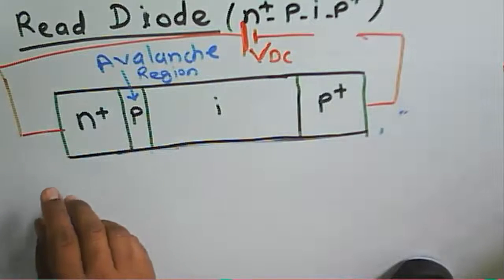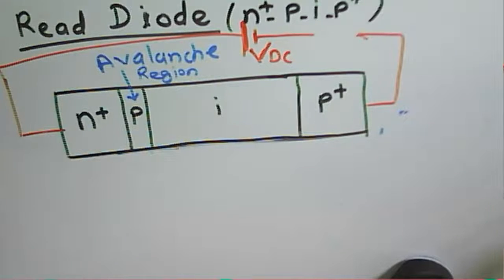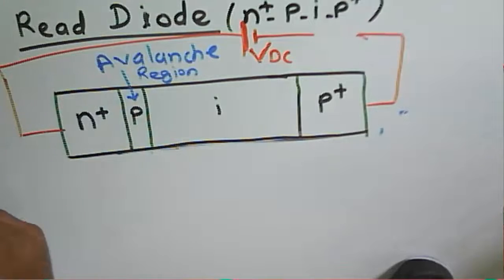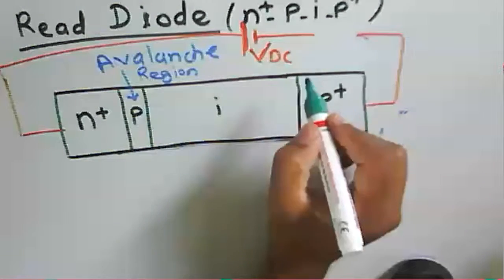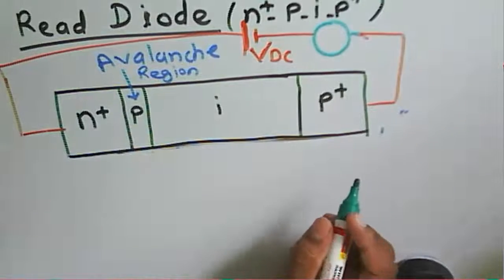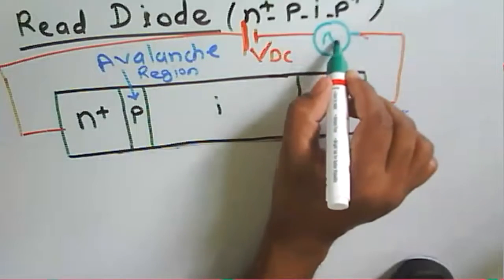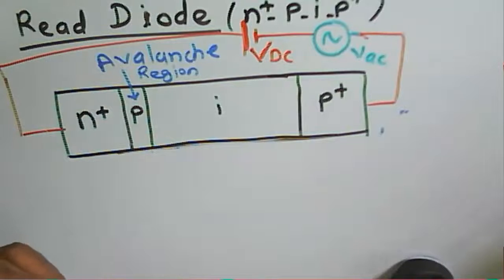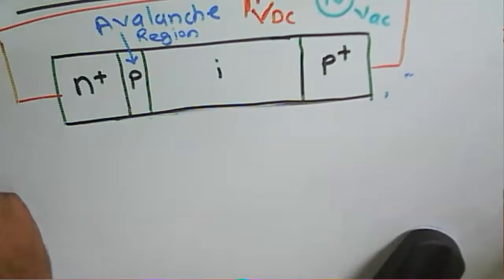So we use a DC field as well as an AC field, which we call VA.